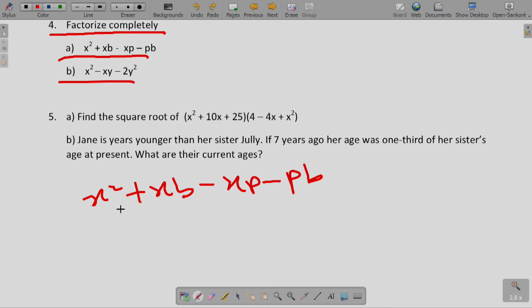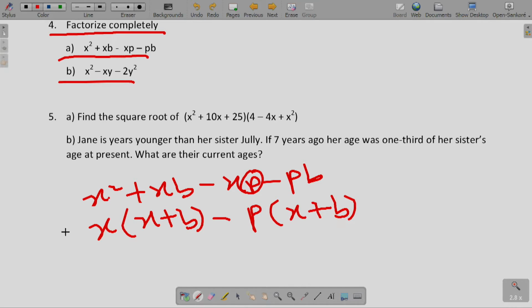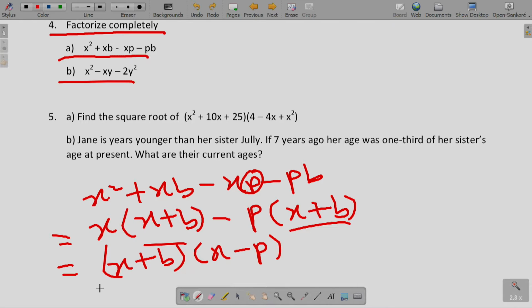We can group two terms and find out the common. So from here, let's take x common, remain x plus b, and here also let's take negative p common, remain x plus b. So x plus b is a common, and here remain x minus p. And now we have factorized it completely.